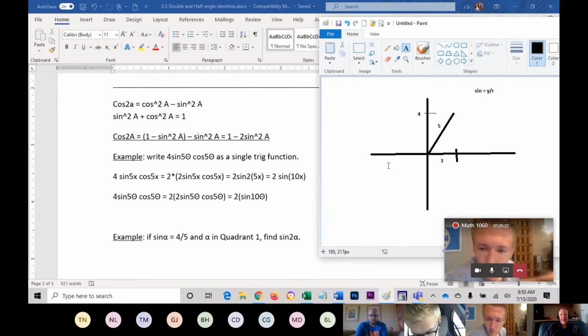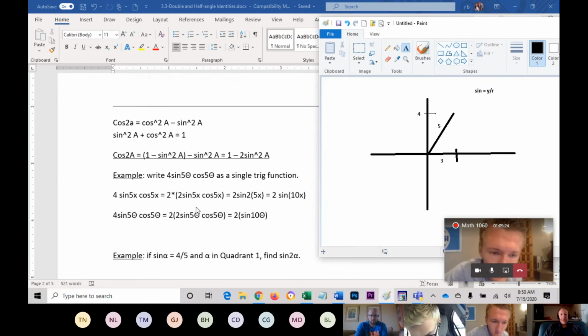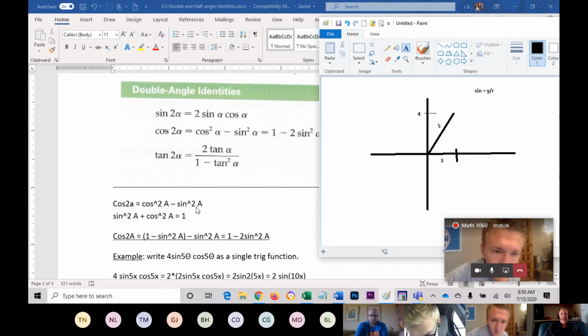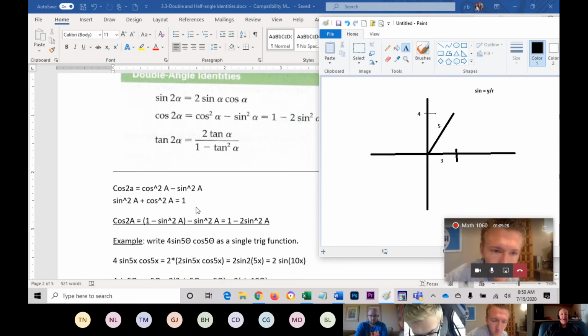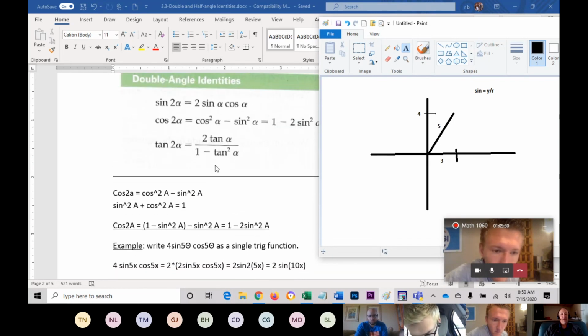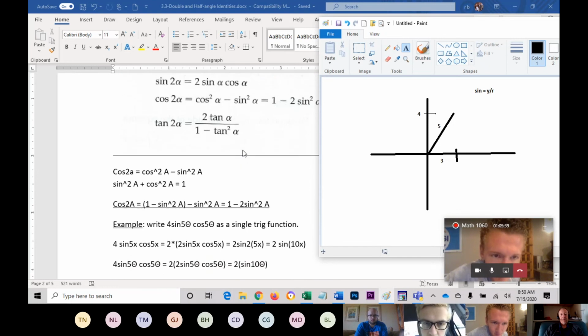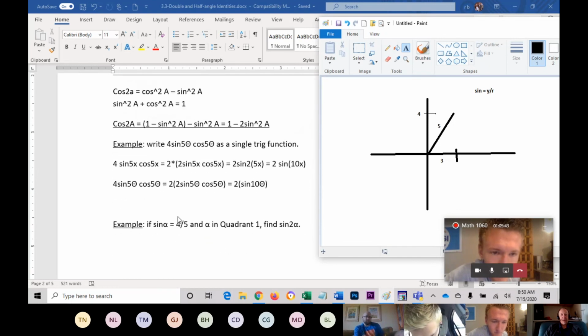So if it's a 3, 4, 5 triangle, using one of these really cool identities here, which of these 3 identities looks most helpful? We're trying to find sine of 2a. I would say the top one. The top one, 2 sine alpha cosine alpha.